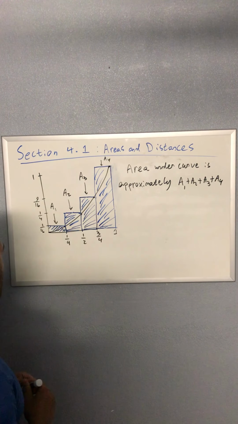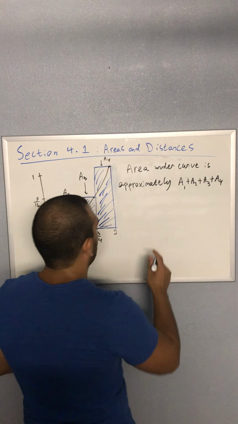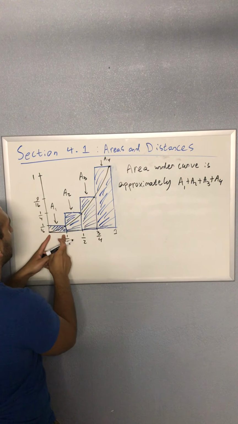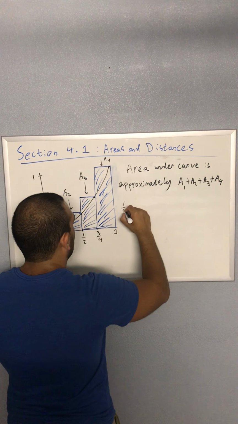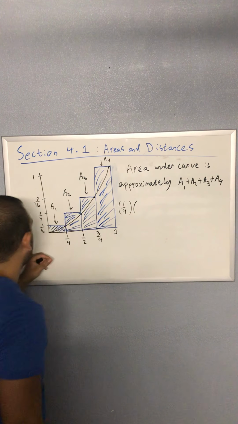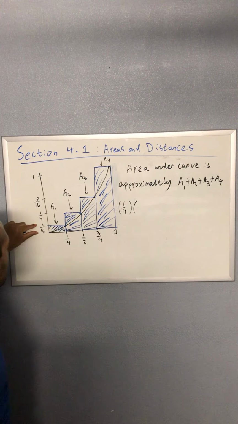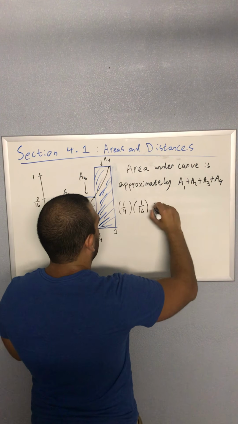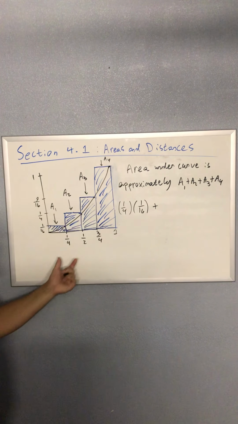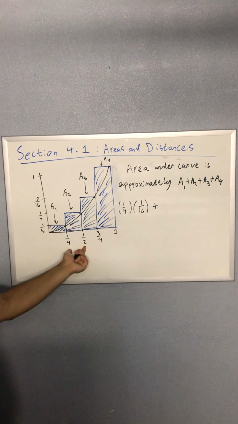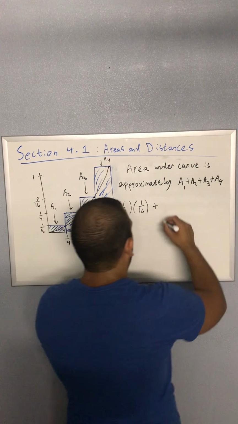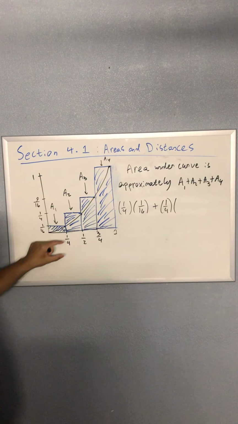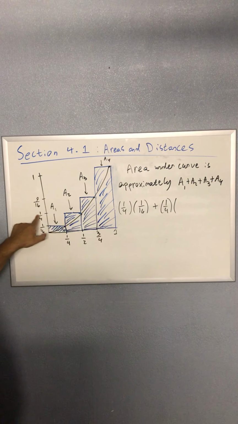So, for example, A1 is going to be the width of this rectangle, which is 1/4, times the height of the rectangle, which is 1/16, plus, again, this width of the rectangle is another 1/4, times the height of the rectangle, which in this case is 1/4.